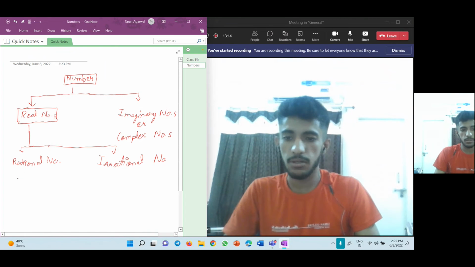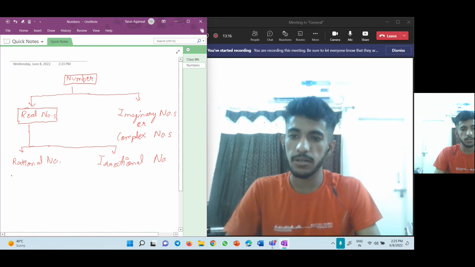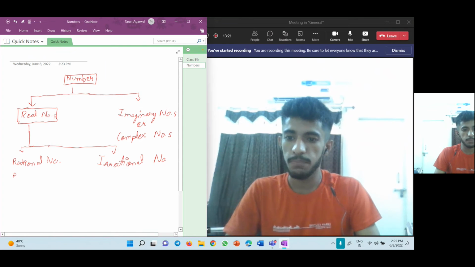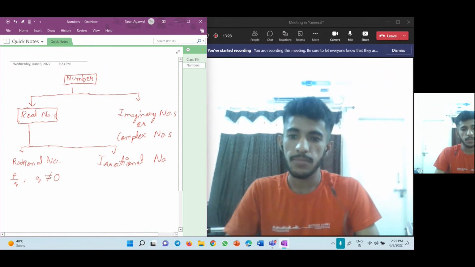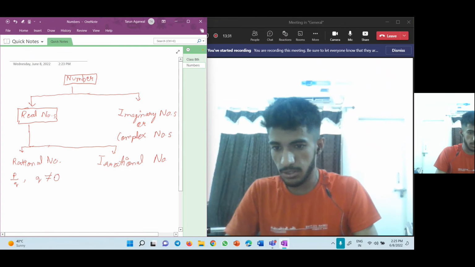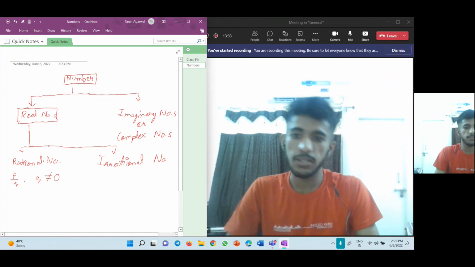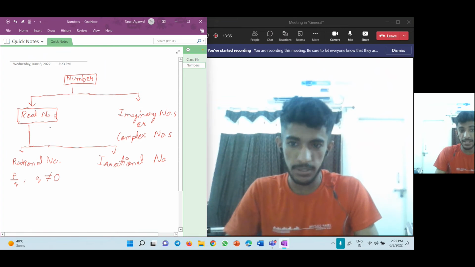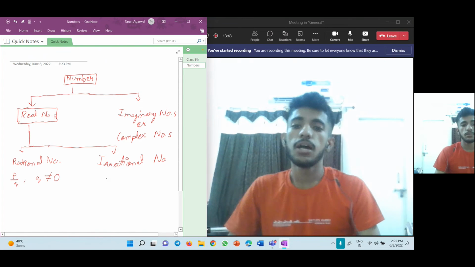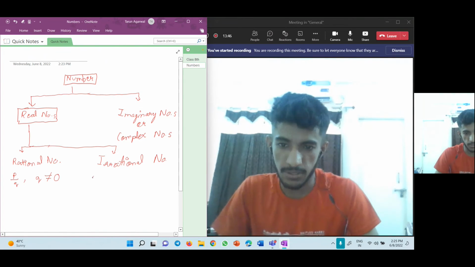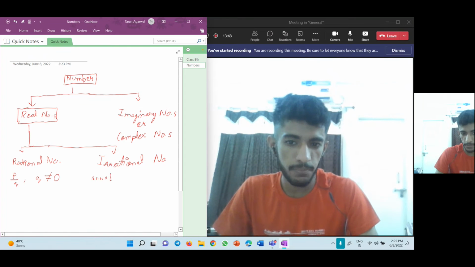The rational number, if we go by the book, is defined as a number which can be expressed in the form of p by q, where q is not equal to 0. And to be more precise, the real numbers that are not rational can be categorized as irrational numbers. So we can also say that irrational numbers are numbers that cannot be expressed in the form of p by q.